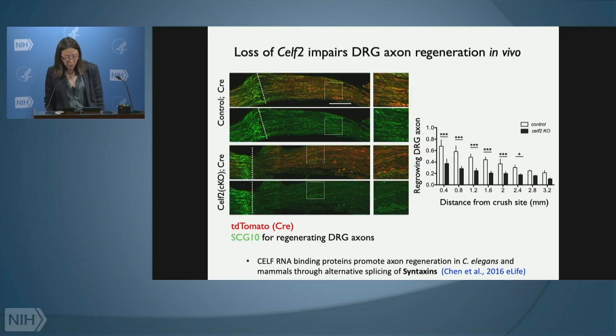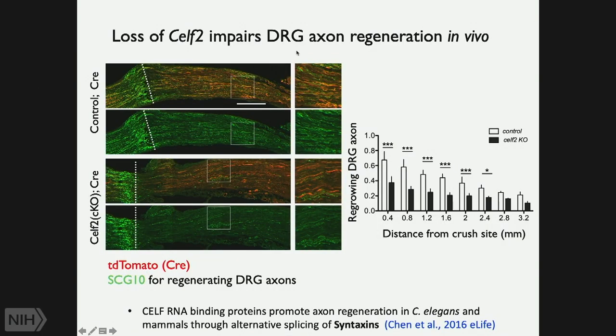She also decided to venture into the mouse field and got the CELF2 conditional knockout, and then looked into sciatic nerve and DRG axon regeneration. This is quite standard. She conditionally deleted CELF2 from the DRG neurons, as marked in red, using PV-Cre.